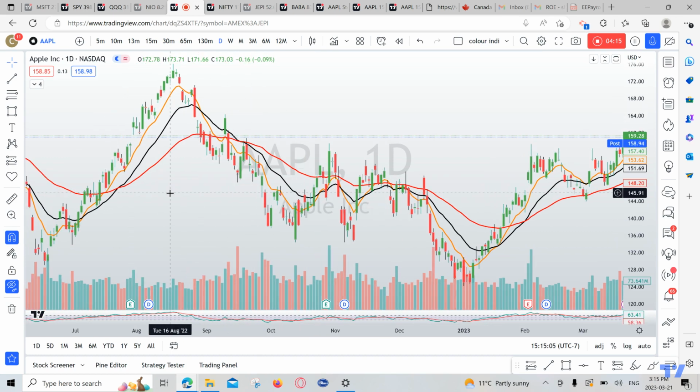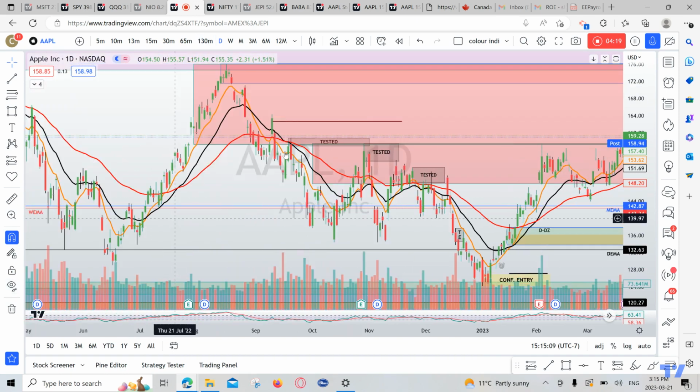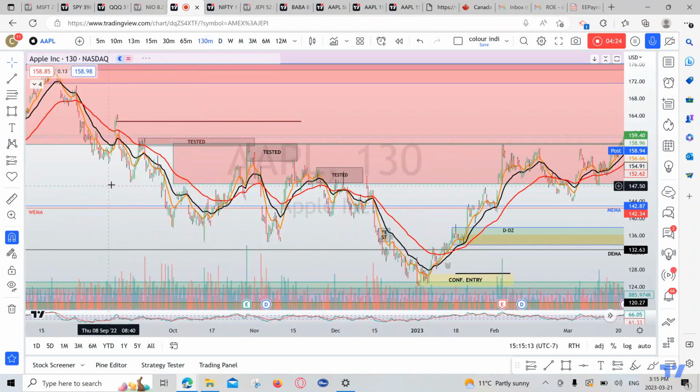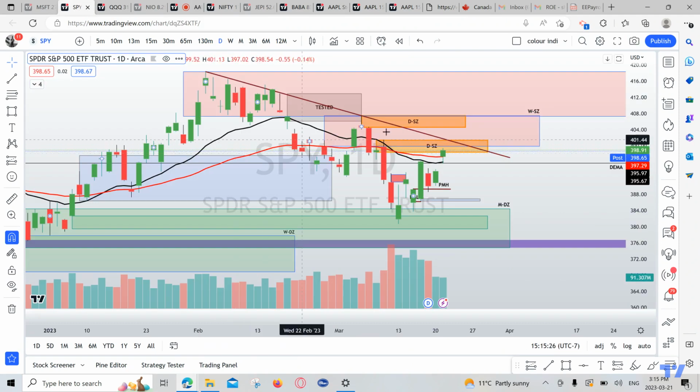So plan B would be that, let me turn on the drawings first. If I go on smaller time frame, what price can do tomorrow or in the coming days is that it can go up to 162 and then go down. This is plan B. So if Apple goes to 162 and SPY goes to this zone at 404, you can short it again with a stop loss, of course.